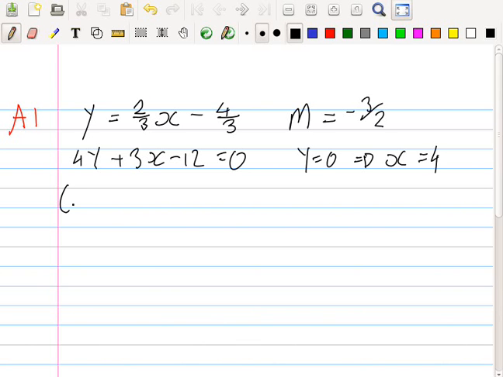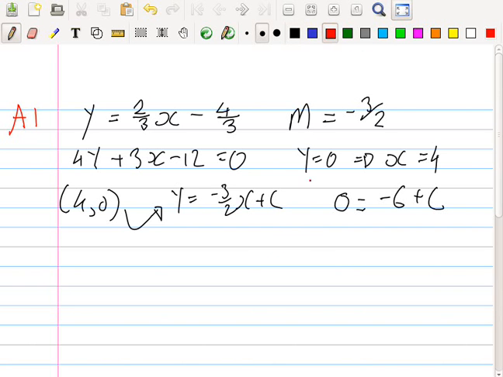So the point is the point 4, 0. So I have y equals mx plus c, and I substitute this in to find the c. So I get 0 equals minus 12 over 2 minus 6 plus c. So c is 6. So my answer is y equals minus 3 over 2x plus 6.